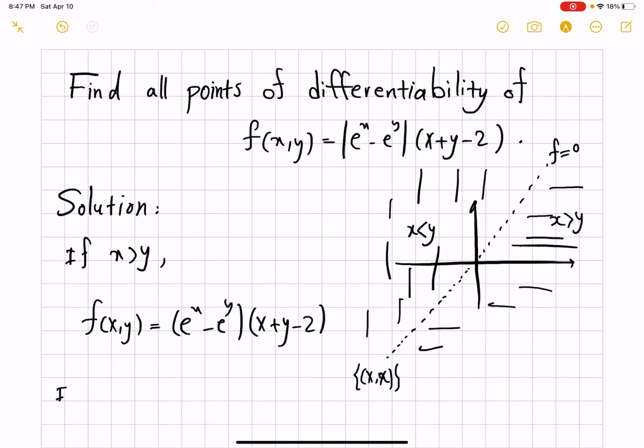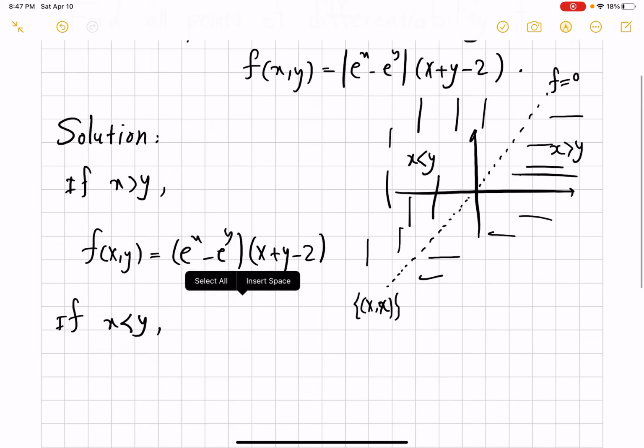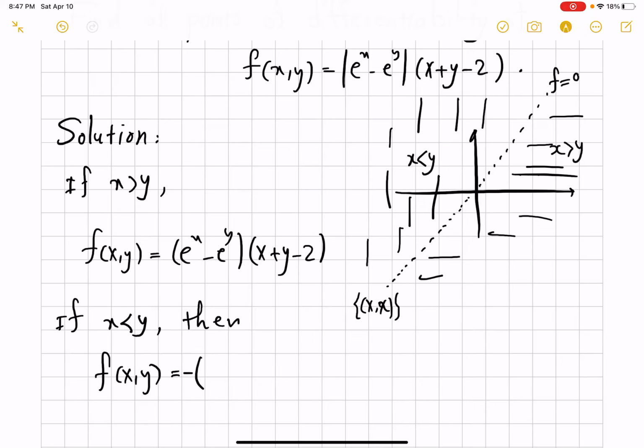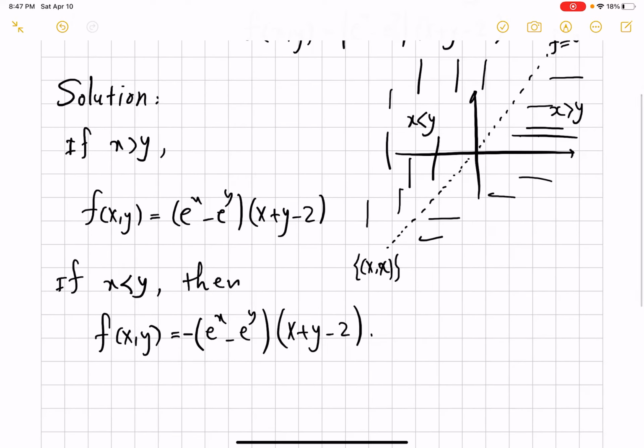And if x is less than y, you're above the diagonal, then f of xy equals negative of that. So this will be minus e to x minus e to y times x plus y minus 2. And again, on the diagonal, you have 0, which actually makes f continuous.